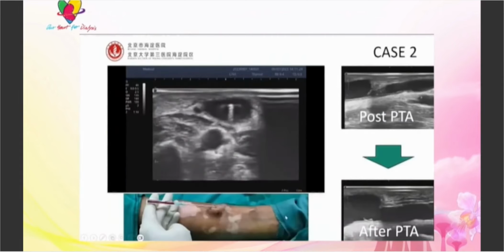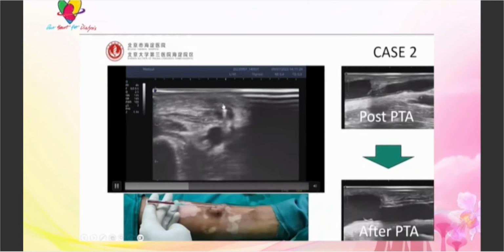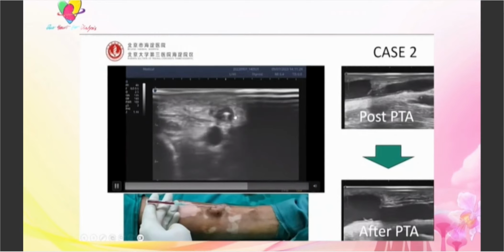Case 2 is also a left RC AVF. The lesion is a wave lesion, straight and short. So we also use a puncture needle to open it. Keep the puncture needle tip in the center of the vessel.